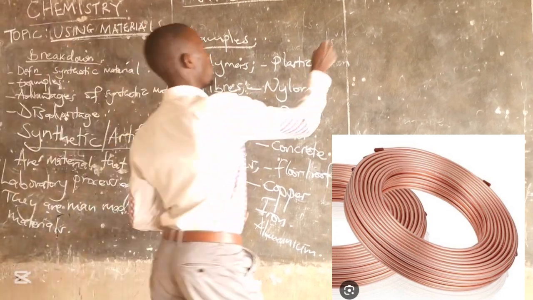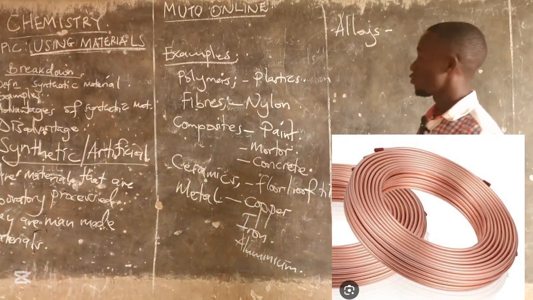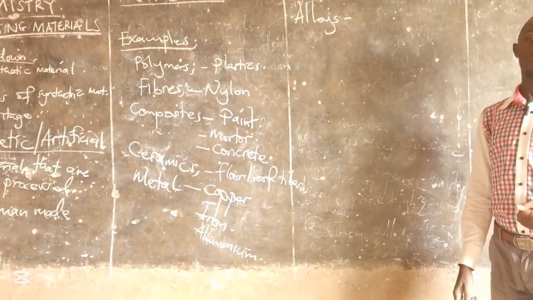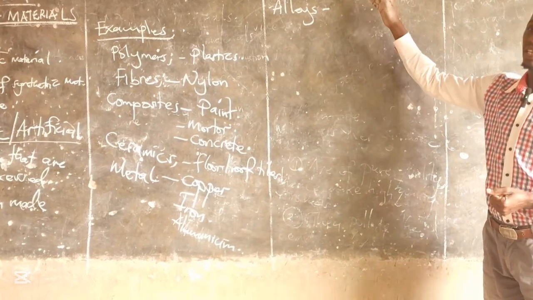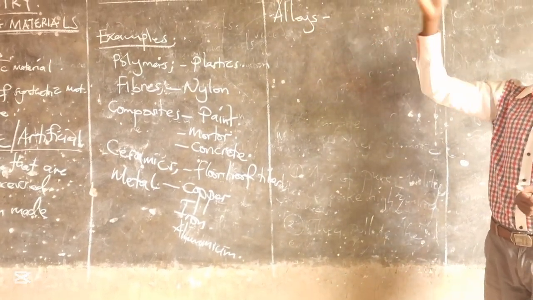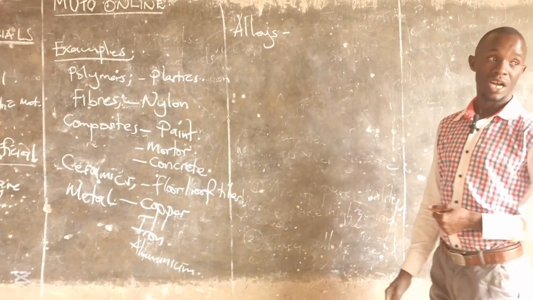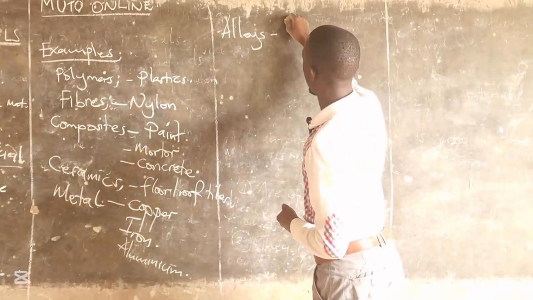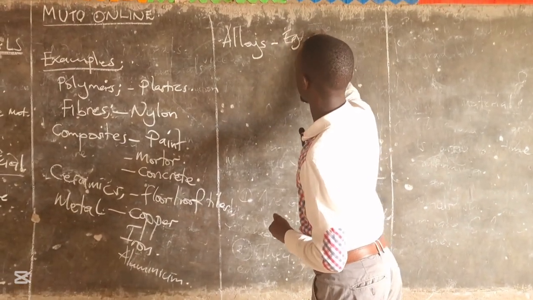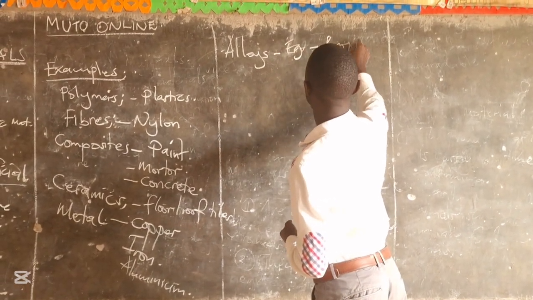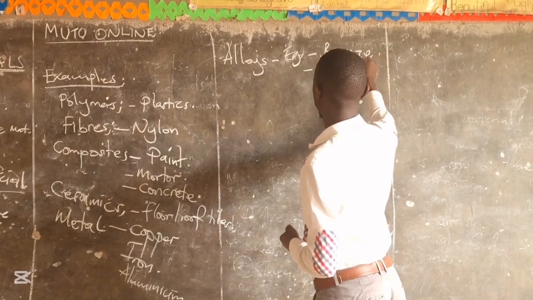We have the likes of alloys. The alloys are metallic substances made up of two or more metals, or a metal and a non-metal. We can give the likes of bronze. We very well know this. We've ever heard of steel.